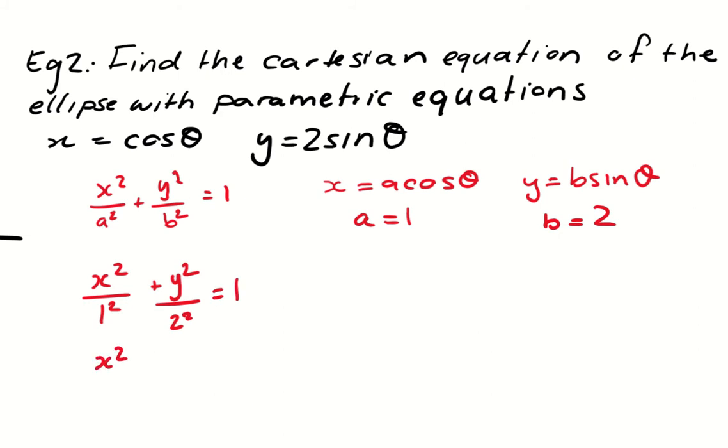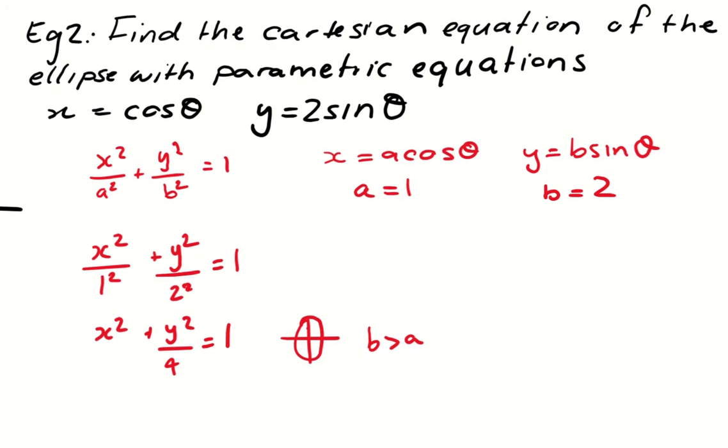So I have x squared plus y squared on 4 equals 1. Now note, it's going to be our long ways, our vertical ellipse, as b is greater than a. So it's just something I'm going to note, just because I want to draw this for some extra practice.